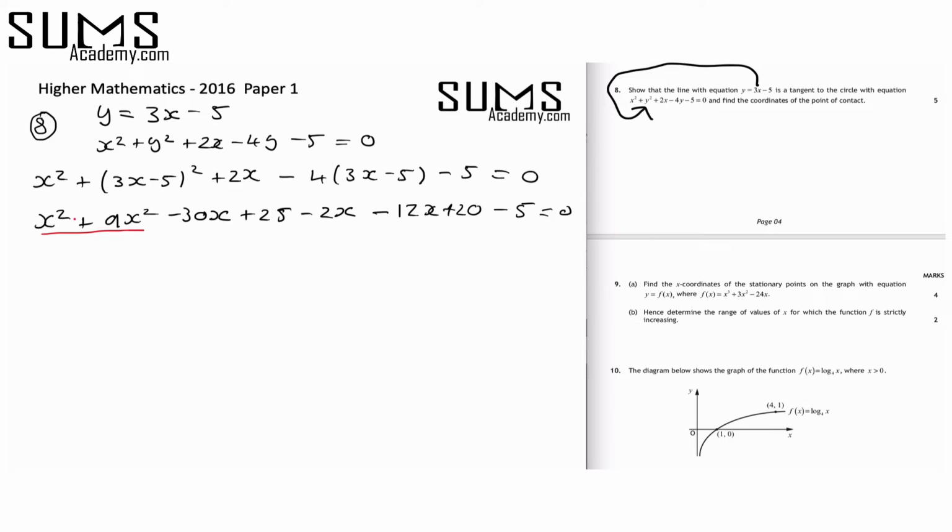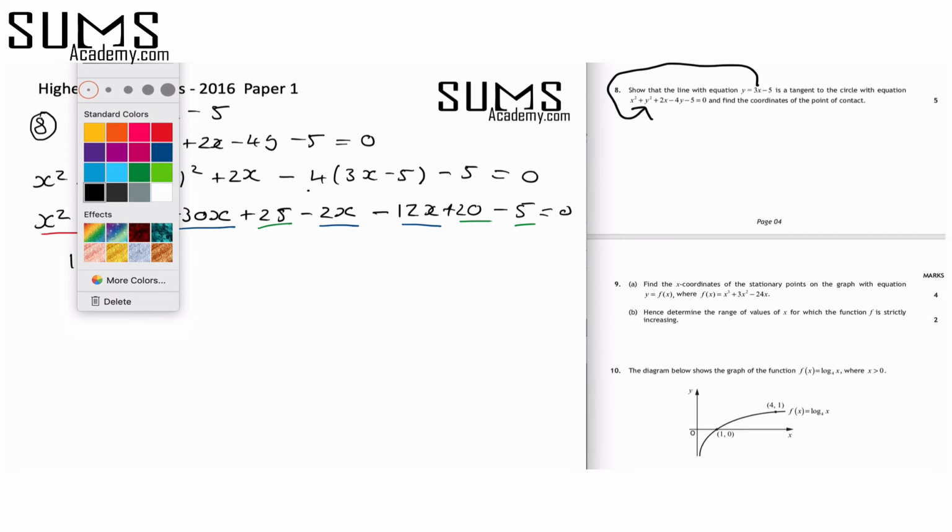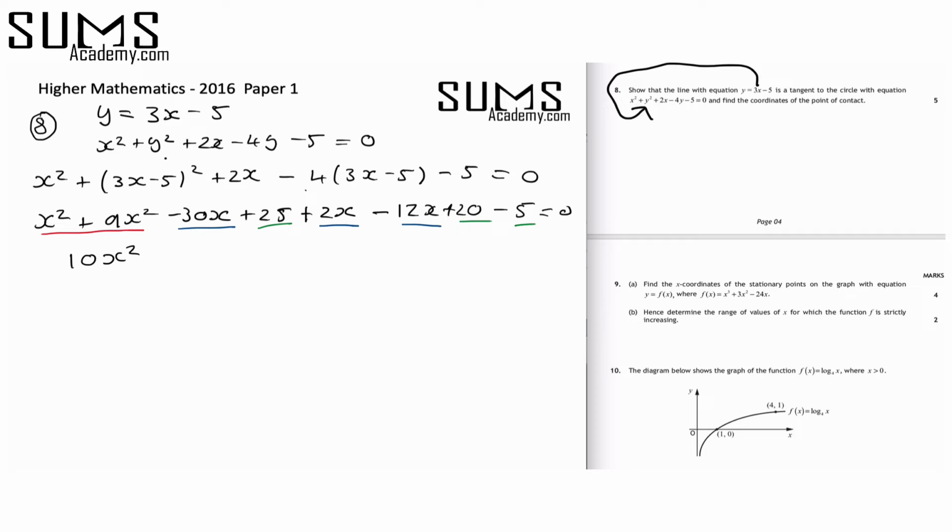So all the x squared terms, and then I'm going to give it a different color, all the x terms, and then just all the terms with no x, just so I can visualize. So x squared plus 9x squared, which is 10x squared, and then minus 30x, plus 2x. I don't know why that's gone there, that should be a plus 2x.